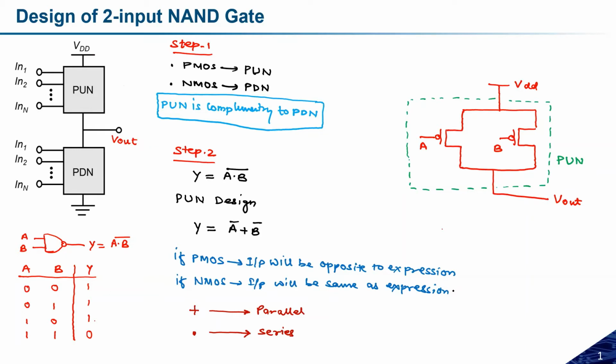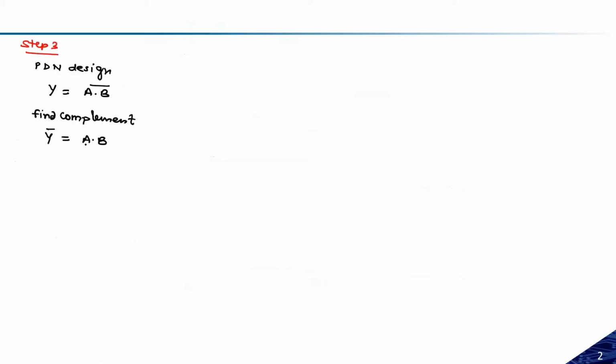Because here the expressions are A and B only, I don't need to complement them. And since there is a dot symbol, I need to make both the transistors a series combination. So the pull down network will look like this.